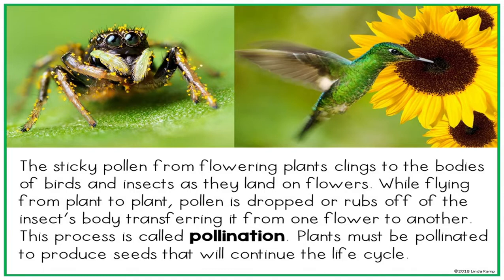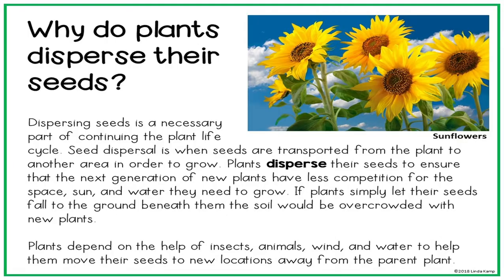While flying from plant to plant, pollen is dropped off or rubs off of the insect's body, transferring it from one flower to another. This process is called pollination. Plants must be pollinated to produce seeds that will continue the life cycle.